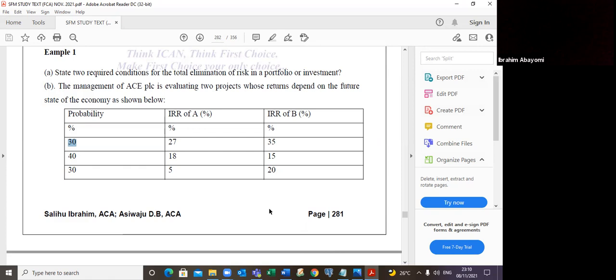So between yesterday and today, we have been able to achieve four things: how to compute the return on the portfolio, how to compute the weight of the investment in the portfolio, how to compute the risk of individual investment, and how to compute the portfolio risk. So 4. Let us continue.